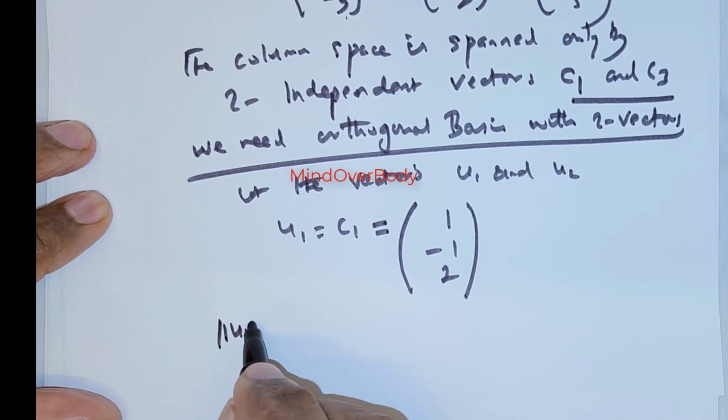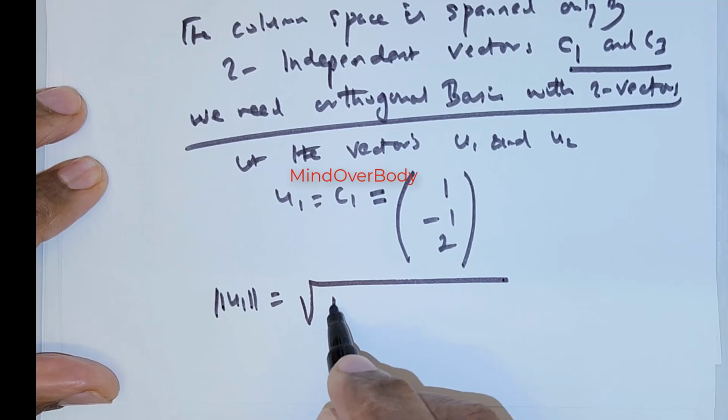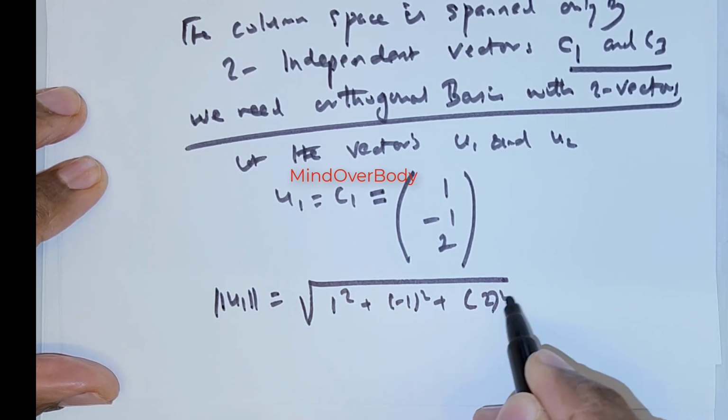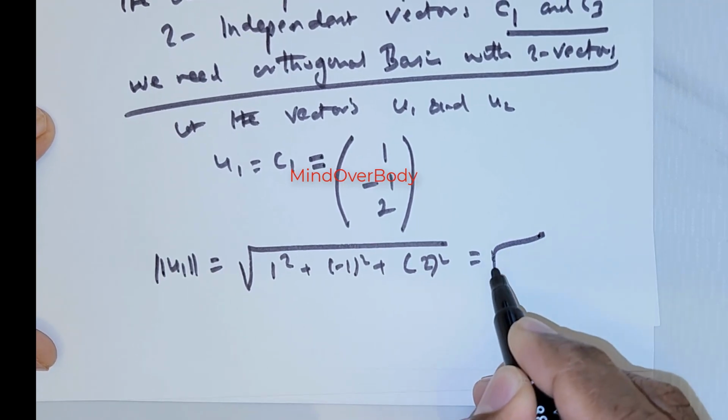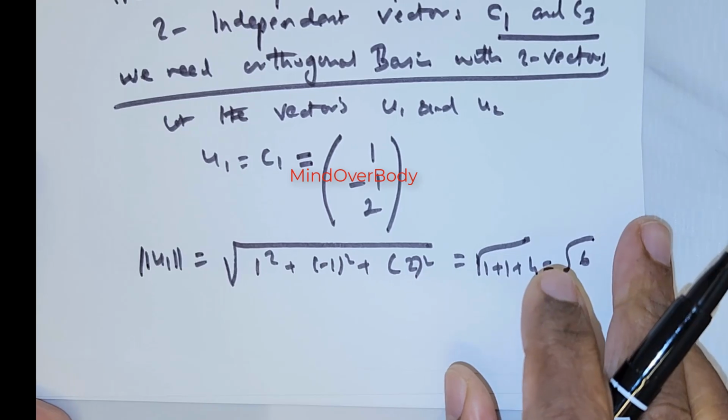First we find the norm of u1, which is the root of 1 squared plus -1 squared plus 2 squared, which is the square root of 1 plus 1 plus 4, equal to root of 6.